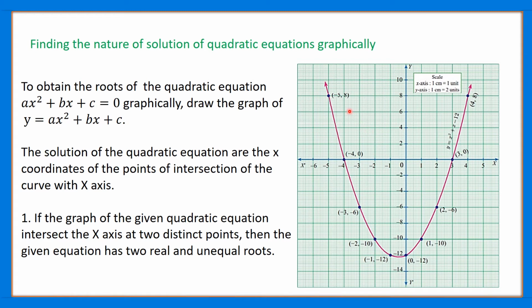And if the parabola intersects the x-axis at two distinct points, then the roots are unequal and real. So for the given graph plotted here, we have 3 and minus 4 as two real and unequal roots for the quadratic equation y is equal to x square plus x minus 12.